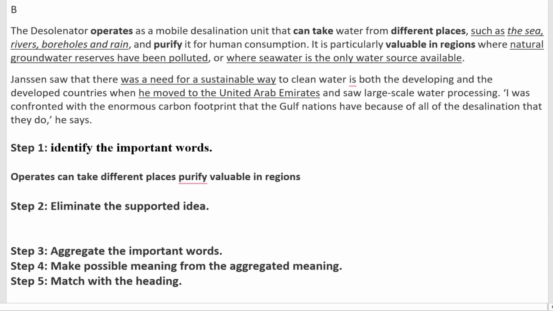Step 2. Eliminate the supported idea. To eliminate the supported idea or information, we have to identify the subordinate clause and information. Let's analyze the paragraph to find out the subordinate clause.